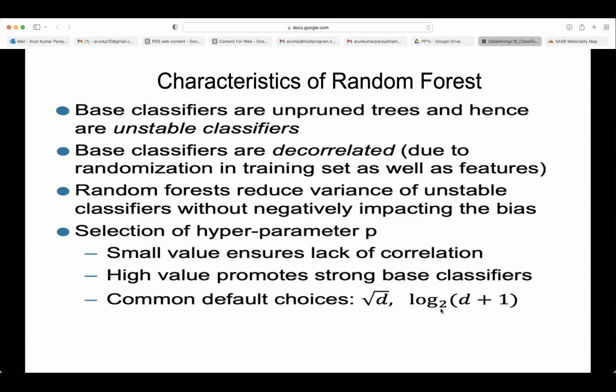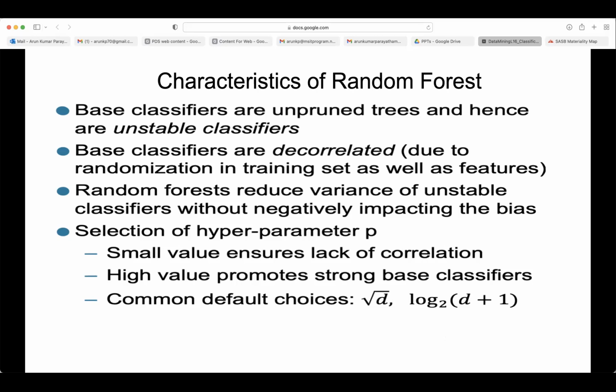It is 10. But after a threshold, the log value becomes smaller than root D. Think in powers of 10: log of 1000 is 3, and for 10 power 4, which is 10,000, root D is 100 while the log is only about 13. So with a bigger number of features, you can use log instead of root D.